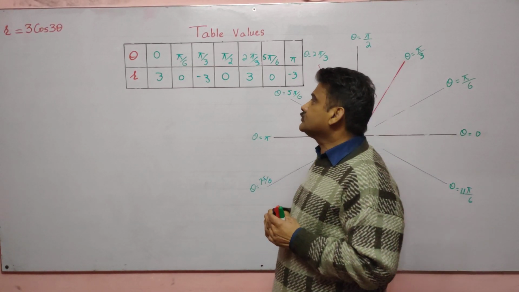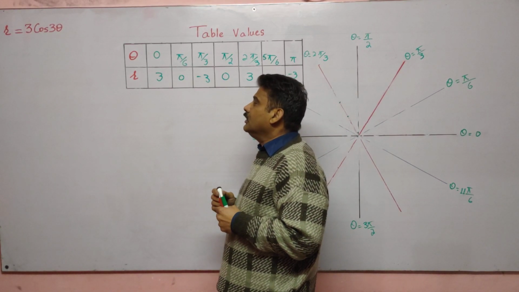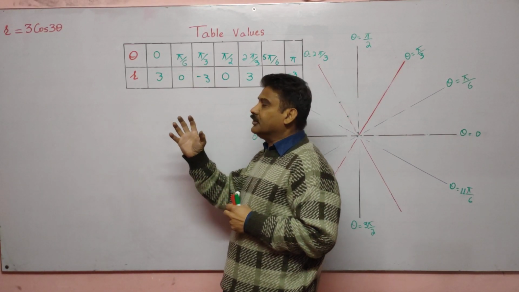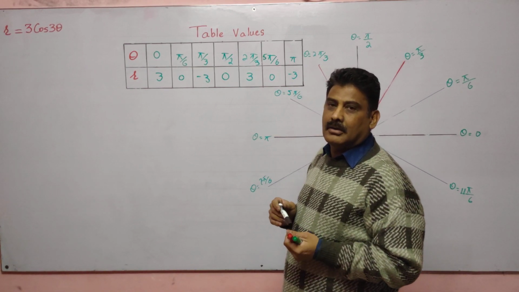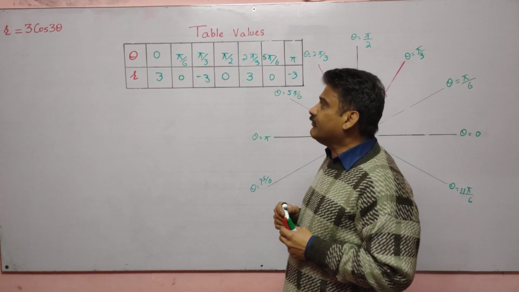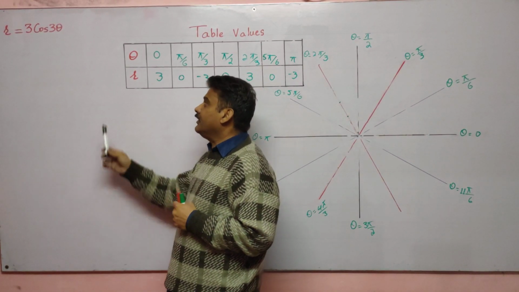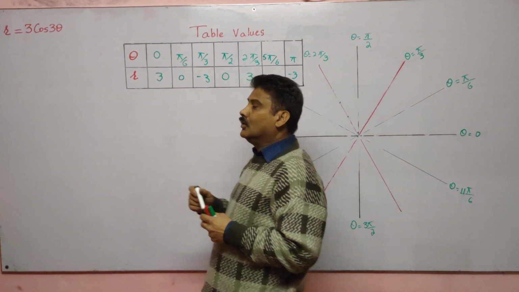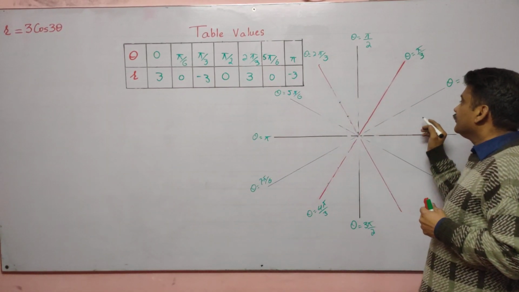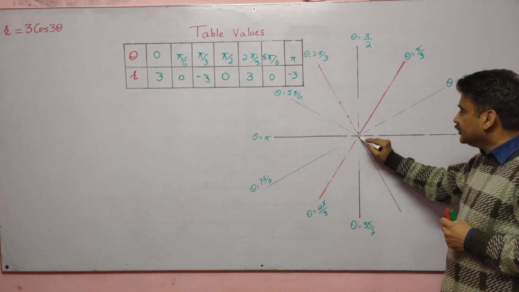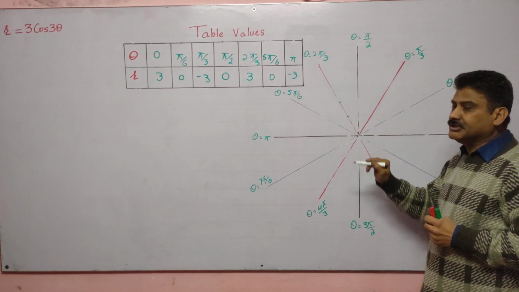After this, we want to know about the nature of the pole. Nature of the pole means we have to find the value of θ where r = 0.